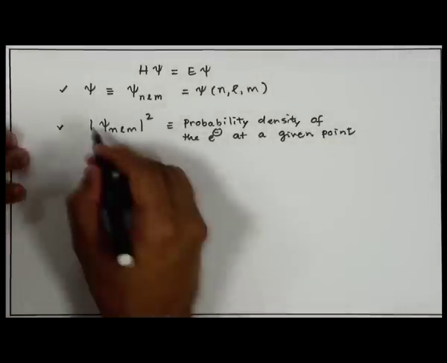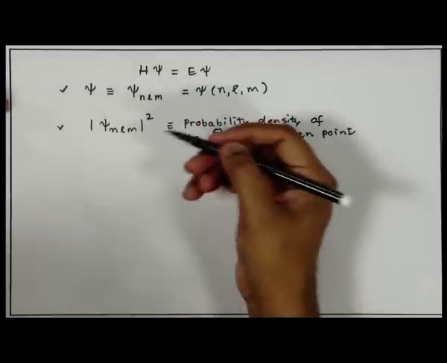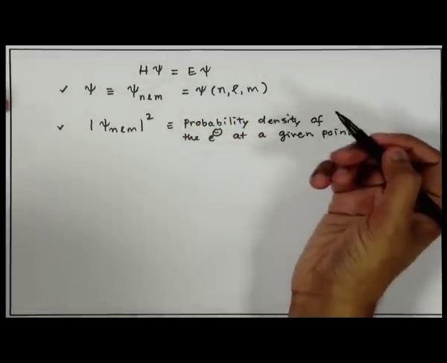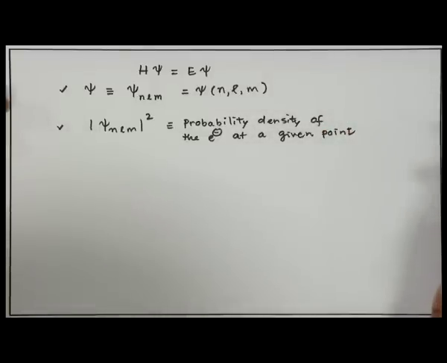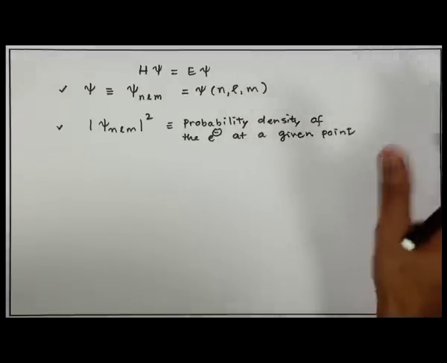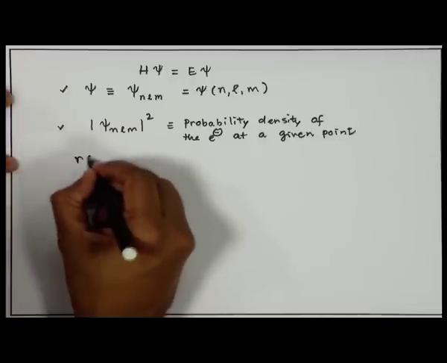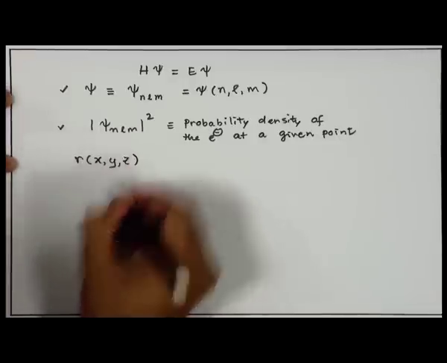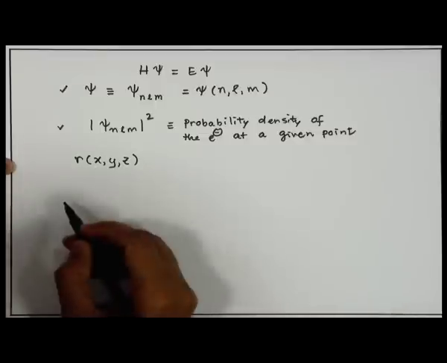The wave function, as I said, contains the information about the position of the electron that you are interested in. How can I signify the position of the electron? Of course, I have to tell where it is located, its value on the x axis, y axis, z axis, and only then can I pinpoint the position of the electron in space. So, I can define the position r of the electron as a function of x, y, z.